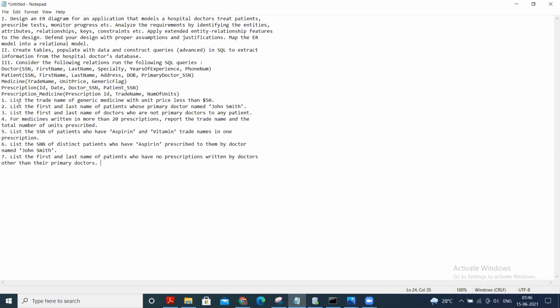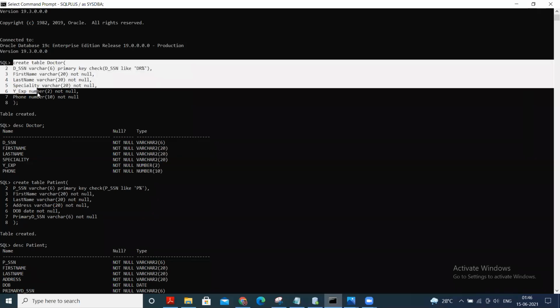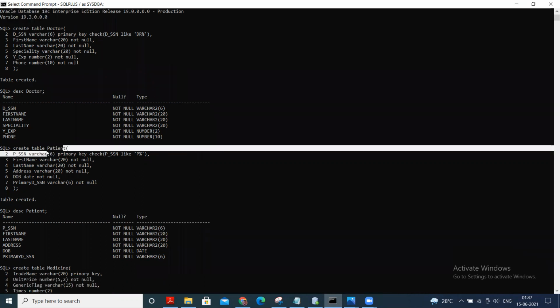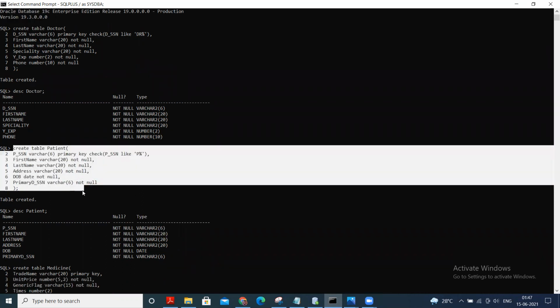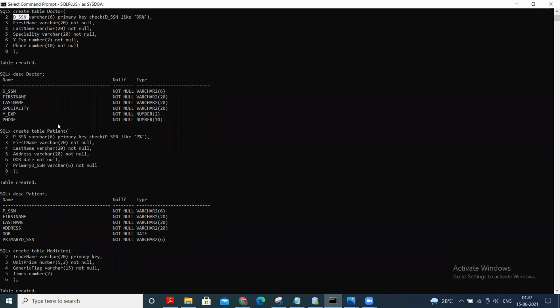And the queries are these. Okay, before going to the query section, make the tables. So here I have made the doctor table. After the description of the doctor table, it can be shown in this way. It is for the patient table. PSSN is the primary key, here DSSN is the primary key.